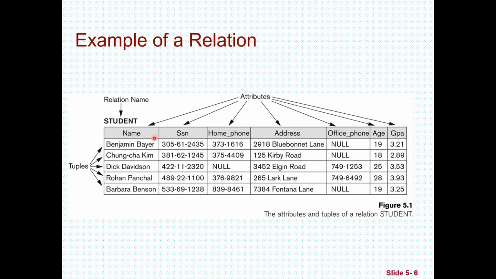This is the key of the table. That means these numbers are not duplicate, or there is no number with the same social security number for two students.